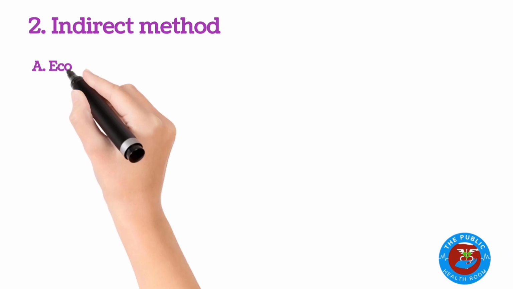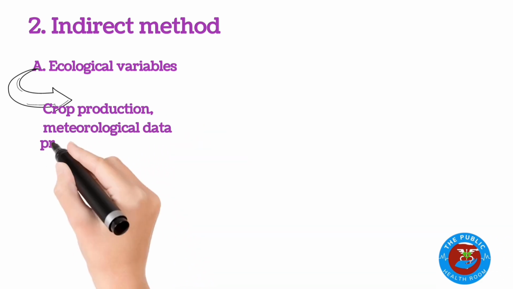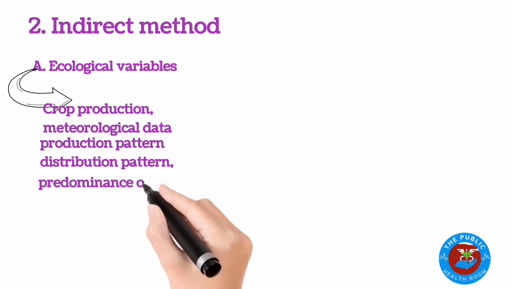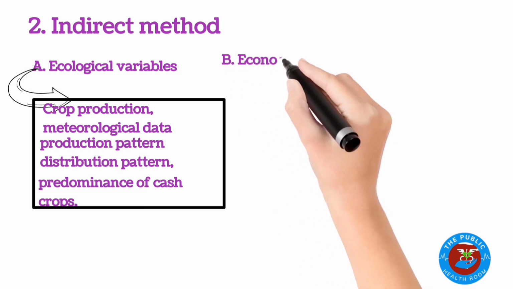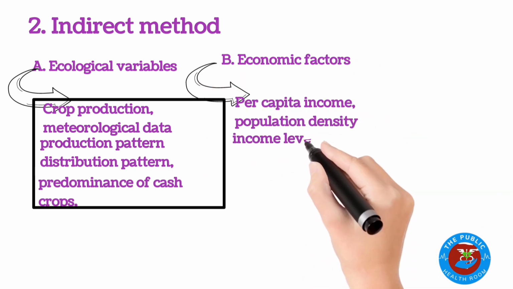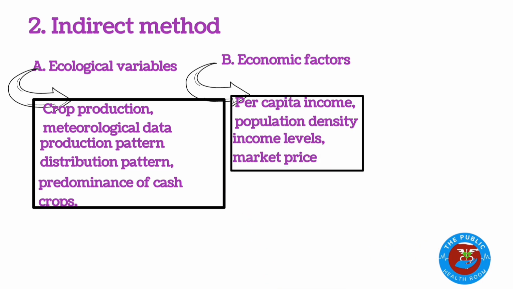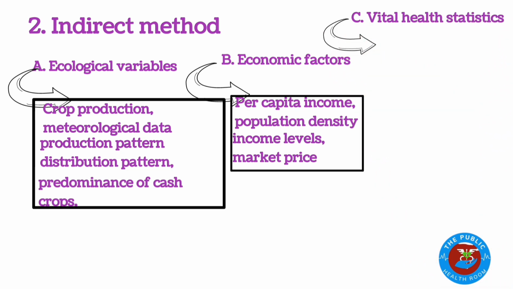The indirect method includes ecological variables, which includes crop production, meteorological data, rainfall data, production pattern and distribution pattern, and predominance of cash crops. Economic factors include per capita income, population density, income levels, market price of foods, and others. Vital statistics.